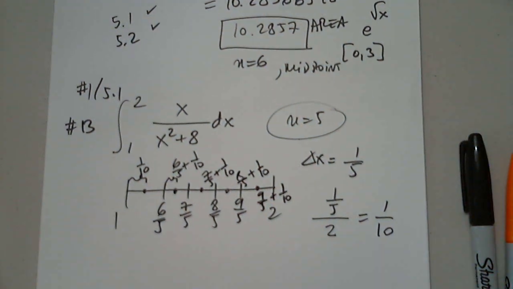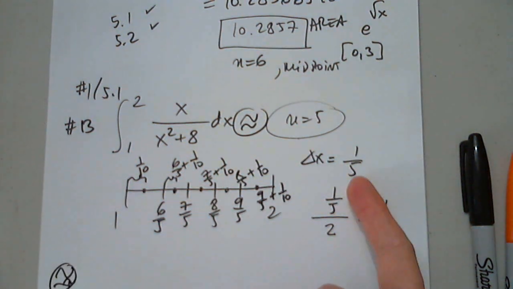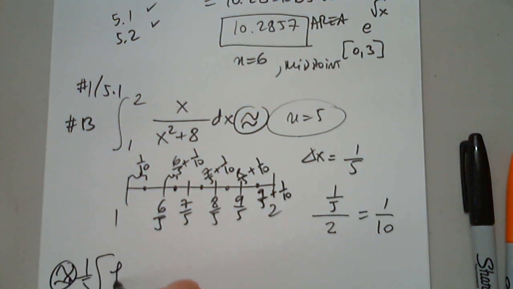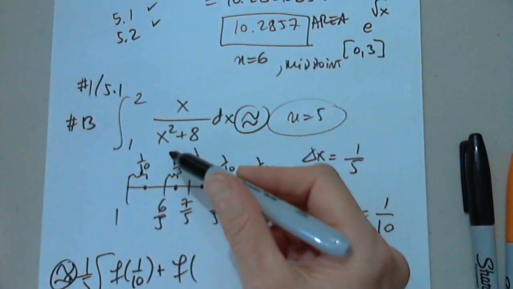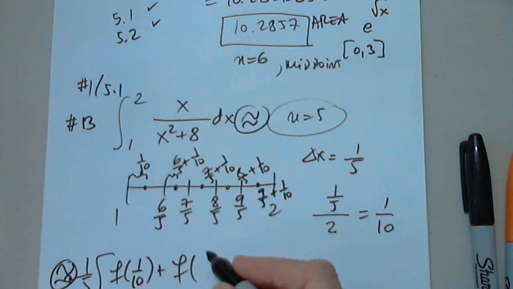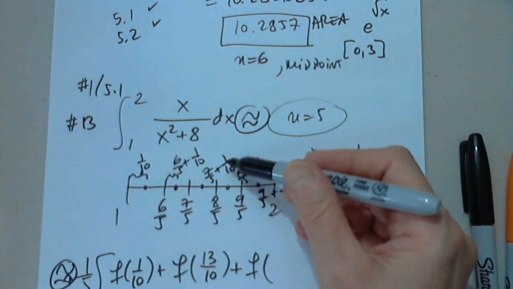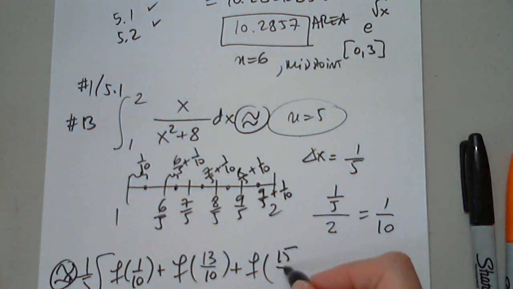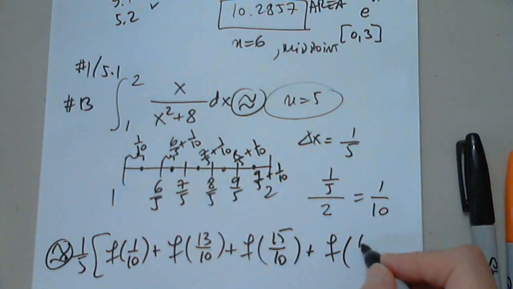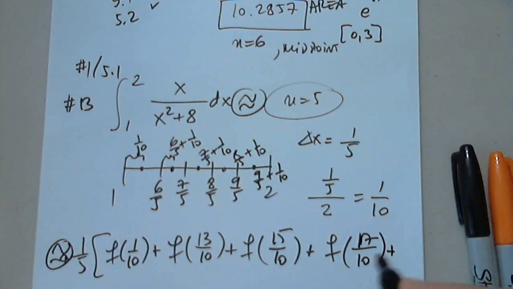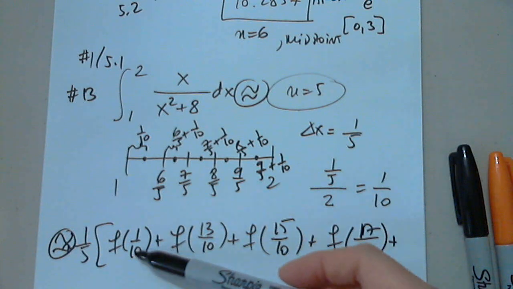So I need to calculate all these. So the first one, so this will be approximately delta x times f of 1/10 plus f of 13/10 plus f of 15/10 plus f of 17/10 plus, so we have 5 subintervals, 1, 2, 3, 4.